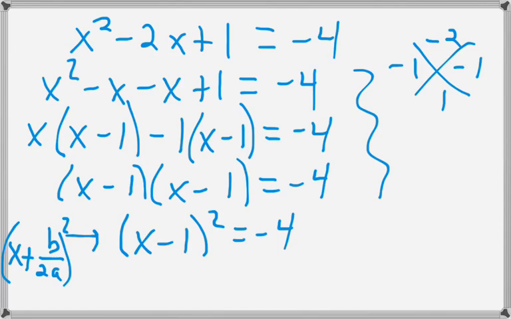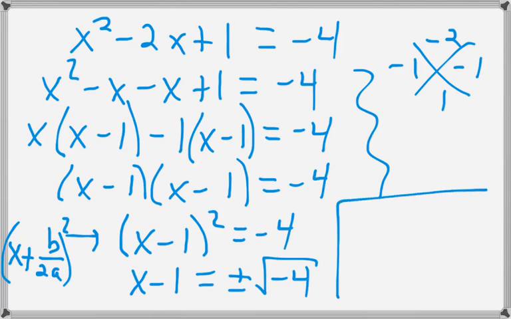So now we're at the point where one side is squared and the other side is a number, so we can use the square root property. So we know x minus 1 is equal to plus or minus the square root of negative 4. The square root of negative 4 is a non-real number, so we'll want to write that using i.